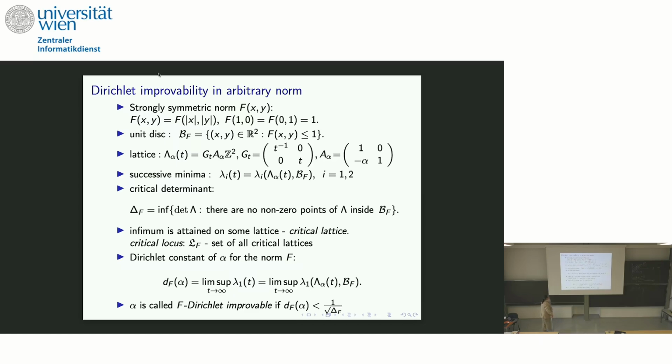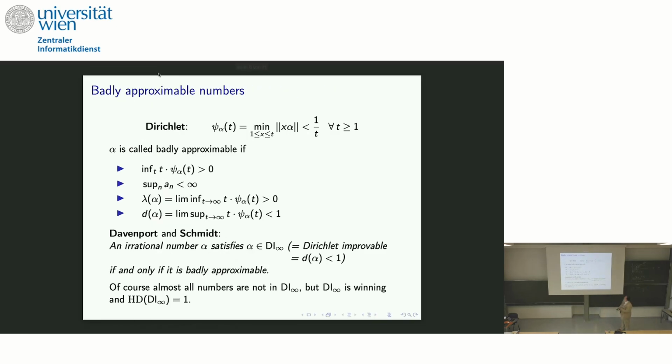The Dirichlet constant for the norm is defined similarly to the Dirichlet constant for a number, in terms of something close to the irrationality measure function, and a number is called Dirichlet improvable with respect to the norm if this inequality holds. Here, 1 over the critical determinant stands instead of this one. So if we replace the norm by the L infinity norm, it will be the same definition.